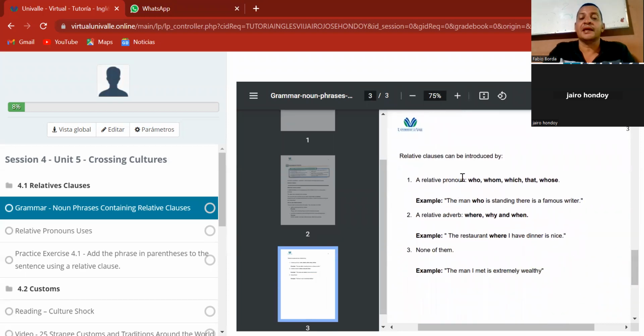A relative clause can be introduced by a relative pronoun: who, whom, which, that, or whose. You can use any of them in order to form a good grammar structure using relative clauses. Example: the man who is standing there is a famous writer.